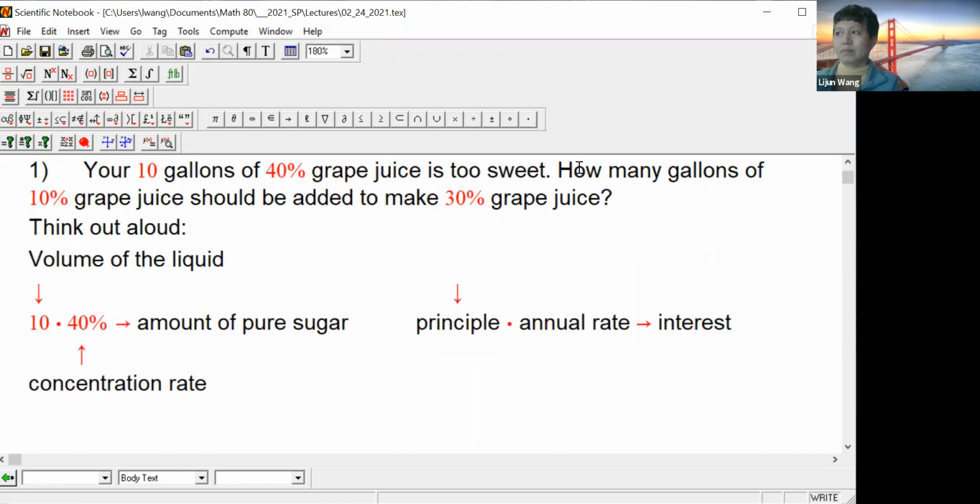And next, how many gallons of 10% grape juice should be added? We don't know how many gallons. That's what we're asked to find, right?